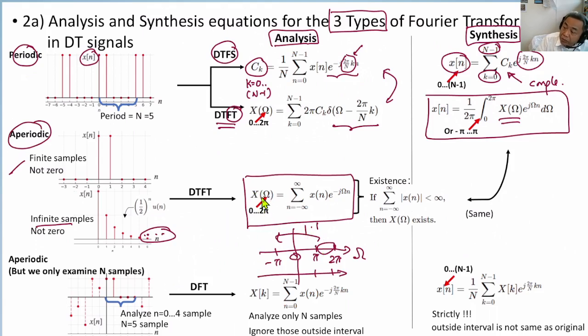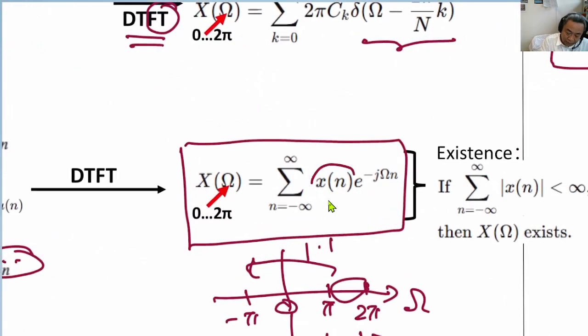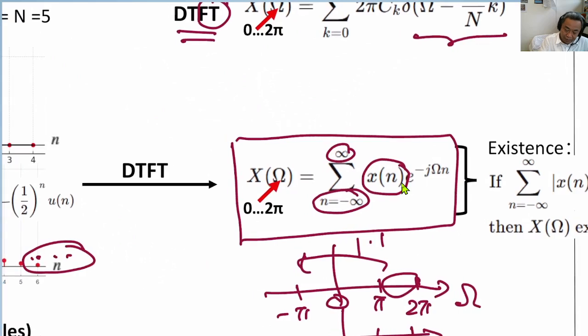So how do we calculate the DTFT of an aperiodic signal? The equation is this. You take xn, and for all its values, n equals negative infinity to infinity, xn must be multiplied by e to the minus j omega n. And this omega is this omega. So basically, if you're writing a software program to solve this, you substitute omega at every point from 0 to 2 pi, and you compute this sum.